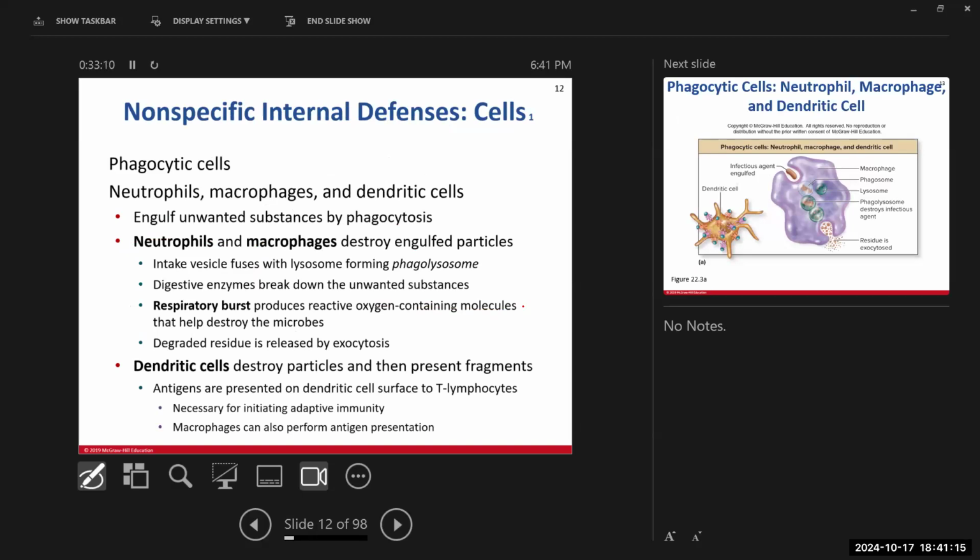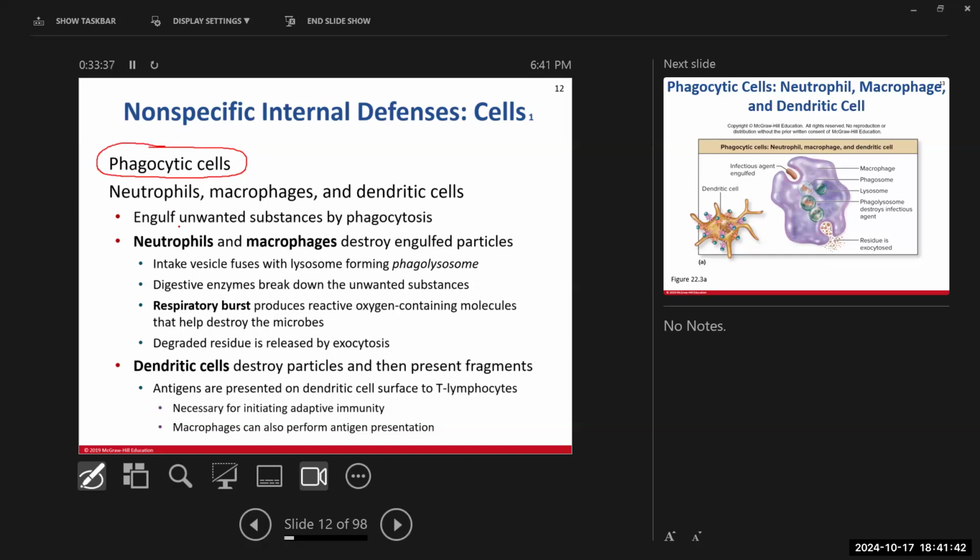One of the big characteristics when we're talking about cells that are part of the innate immune system is they have to have, well, they don't have to, but it's very helpful if they have this special ability. What does that mean? Phagocytic cells. Yeah, that's right. Cell eating, Pac-Man. They go around and gobble things up. And so these three cells listed up here, the neutrophils, the macrophages, and the dendritic cells, that's what they're going to do.